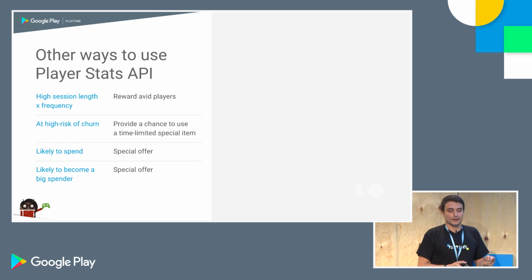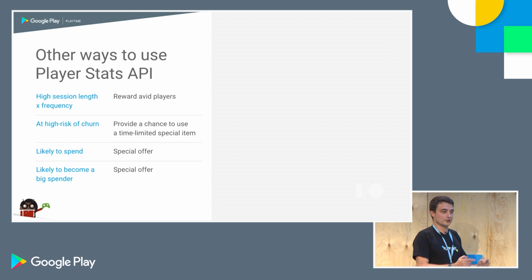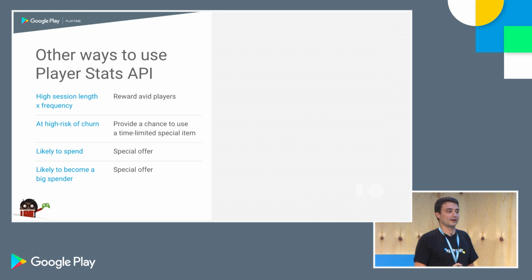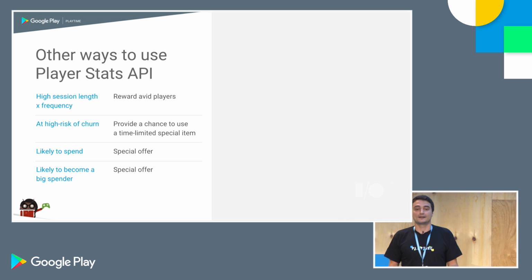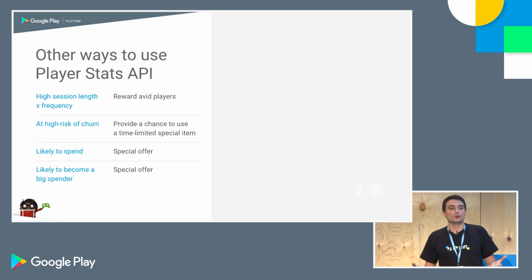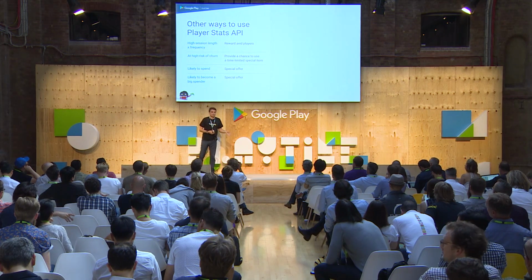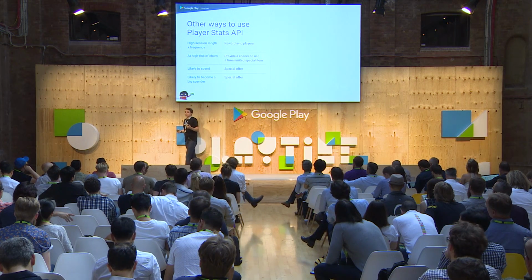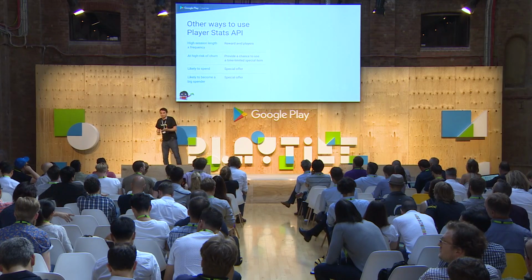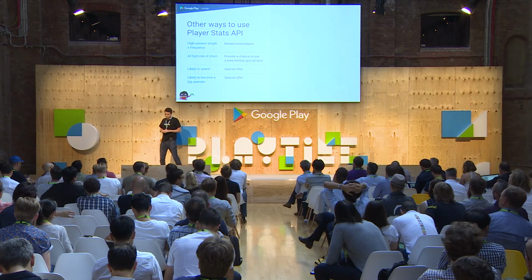You can then target users that are more likely to spend with a special offer just to make sure that you convert them and customize that bundle or that offer to be a bigger one, maybe a bigger value with a higher price point for the ones that are likely to become high spenders. So you get the idea. Again, most of the ideas will come from Fred's part of the presentation, but now you have the tools to start without having to do much in terms of analytics and understanding users.